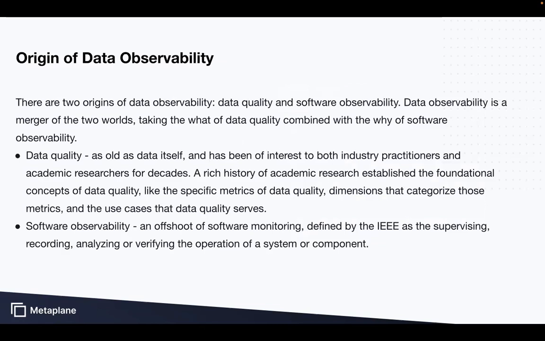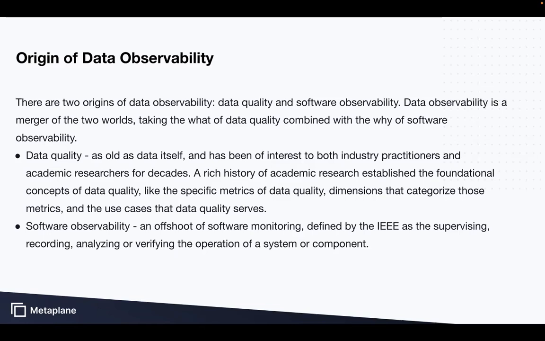So the origin of data observability, it's kind of got 2 parents. One is data quality, which is a topic as old as data itself, with a lot of research originating in the 90s, which is around the time that databases proliferated really heavily from the 80s onwards. And then also software observability.